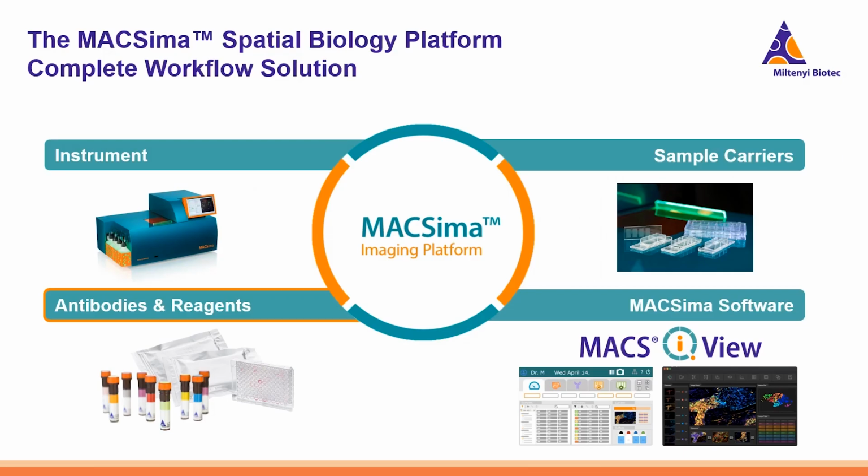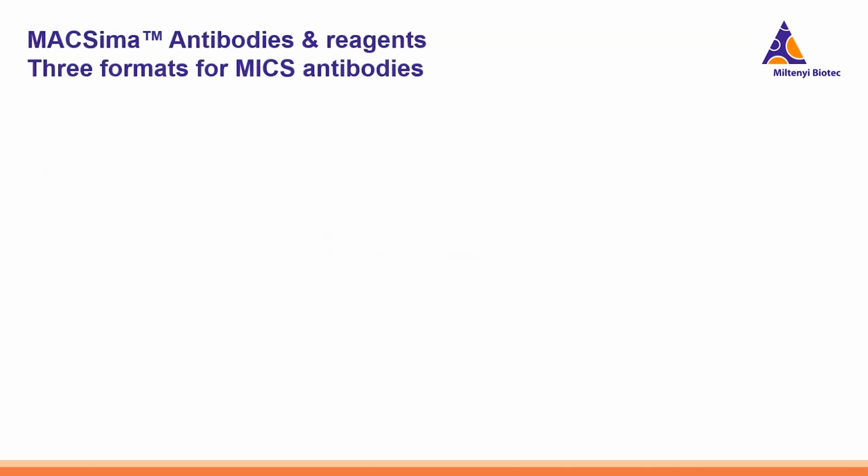And with this, we are already at our third pillar of our Maxima imaging platform, and this is our broad portfolio of pre-tested antibodies. So we offer over 500 different antibodies that are pre-tested for our MICS technology. We offer these antibodies in 3 different formats.